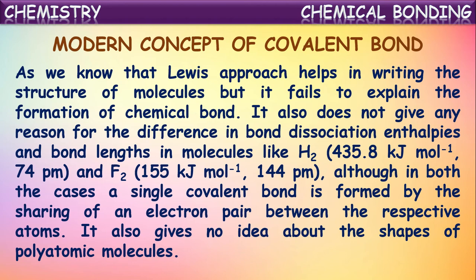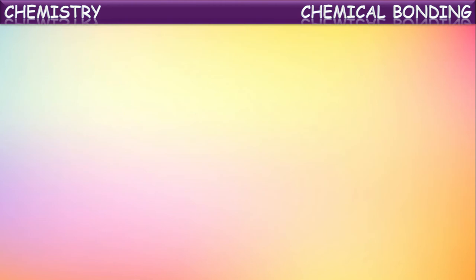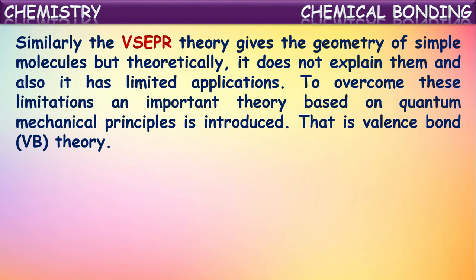It also gives no idea about the shape of polyatomic molecules. For polyatomic molecules, the Lewis dot structure did not explain how their shapes are in a three-dimensional way. Of course, in the valence shell electron pair repulsion theory, the shapes are explained. VSEPR theory gives the geometry of simple molecules, but theoretically it does not explain them.